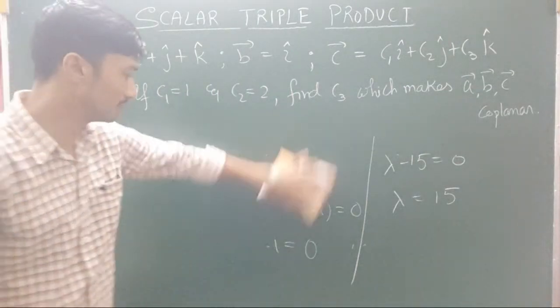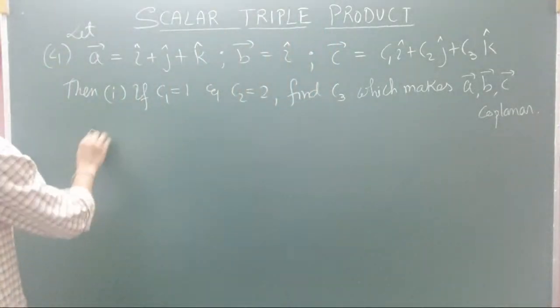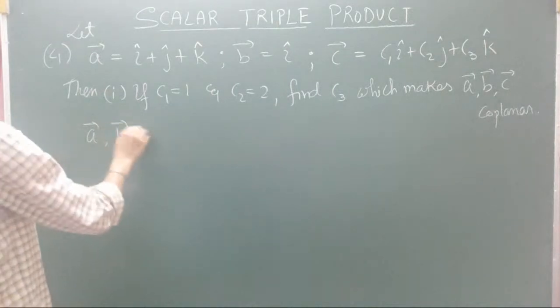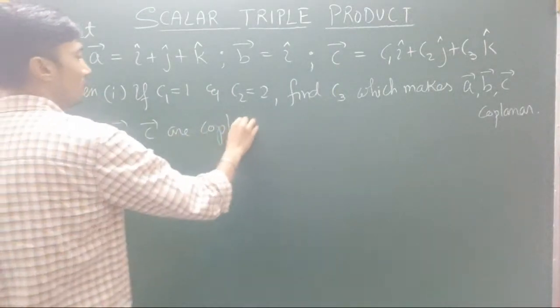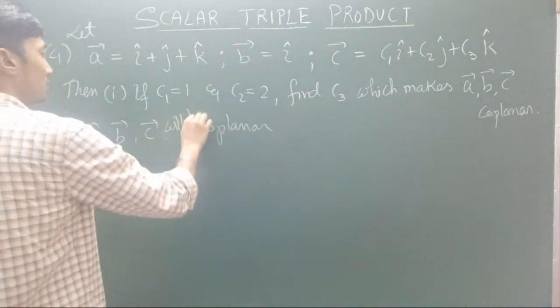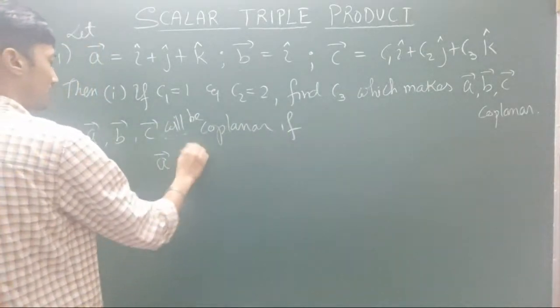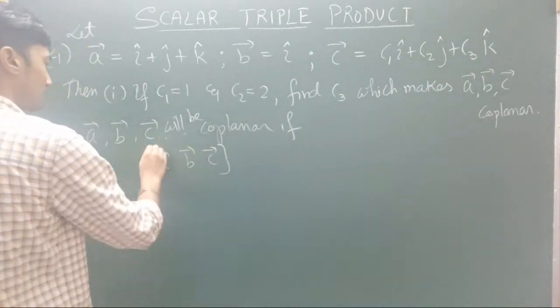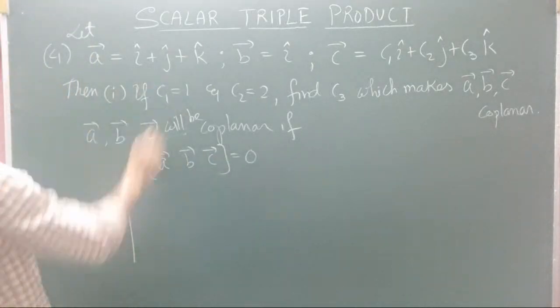Simple questions, we know what to do. A, B, C will be coplanar if their scalar triple product is 0. So what is the scalar triple product?